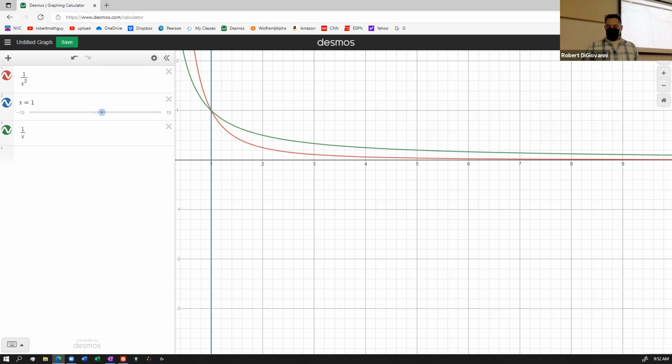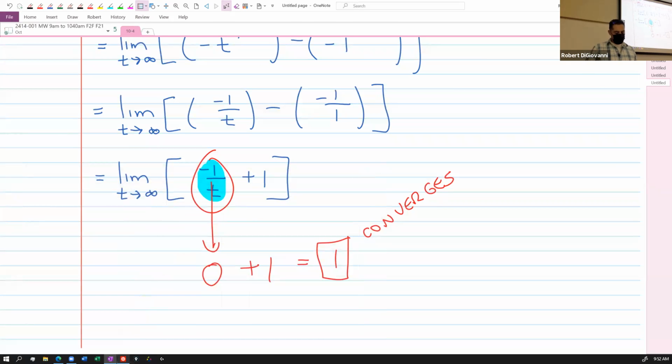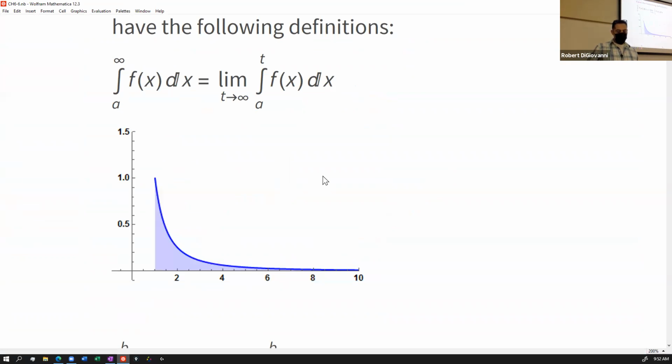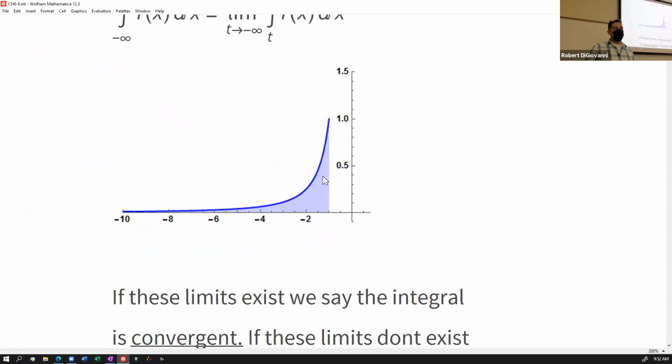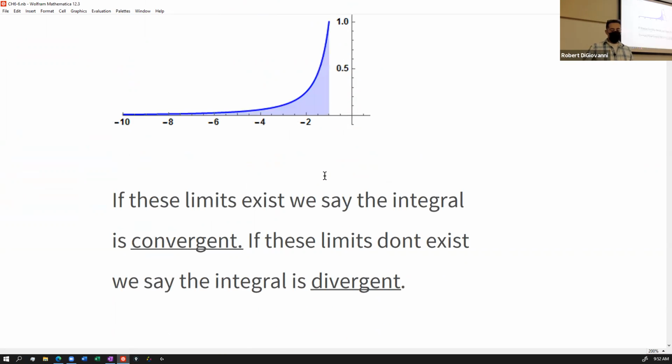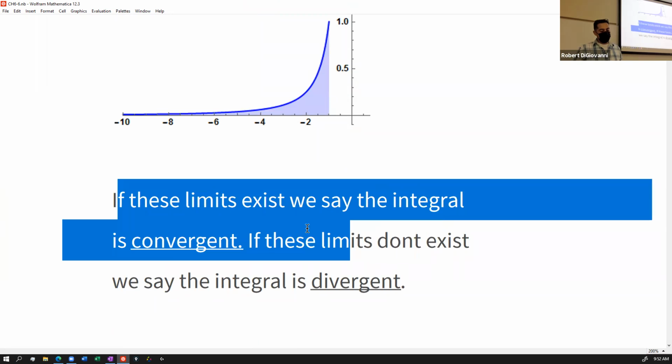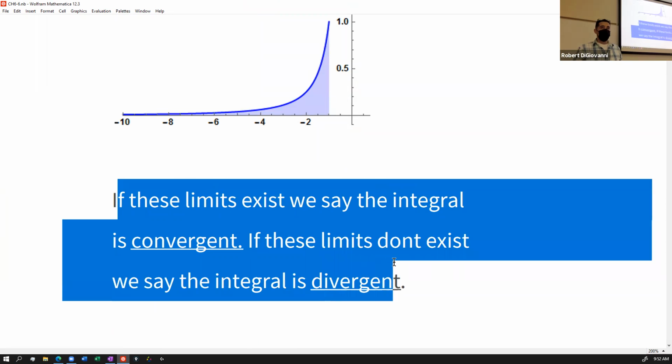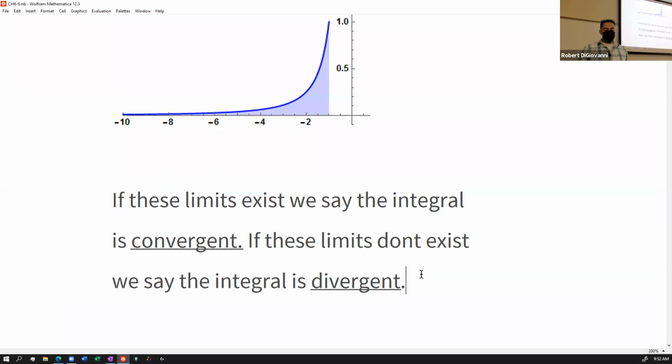All right. So let's see what else we have on our plate here. What about the other way? There's a slight difference in the formula and the setup, but it's pretty much the same thing. So maybe we should do one of those. Oh, here, look. If the limit exists, we say the integral is convergent. If these limits don't exist, we say the integral is divergent. And when I say don't exist, infinity and negative infinity count as do not exist.